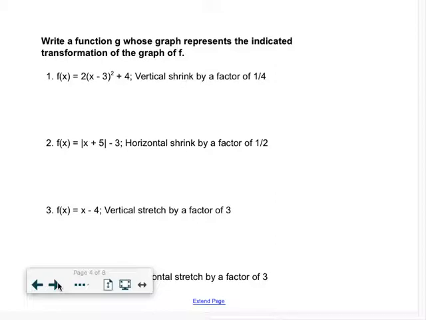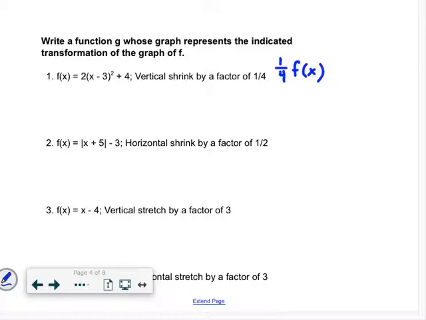So with vertical, I'm going to be affecting my y value up and down. So I want to multiply my y by 1/4. In function notation, a vertical shrink of 1/4 just looks like 1/4 f of x.